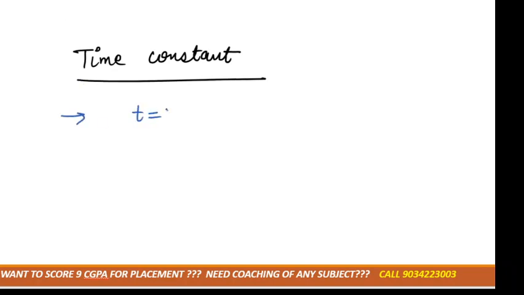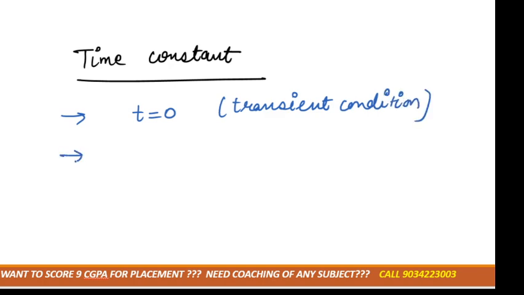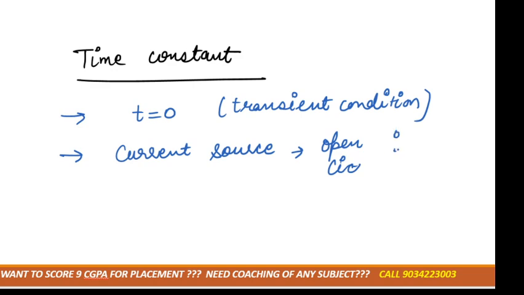First we calculate it at t equal to 0, the transient condition. For calculation of the time constant, if there is a current source, that would be open circuit.